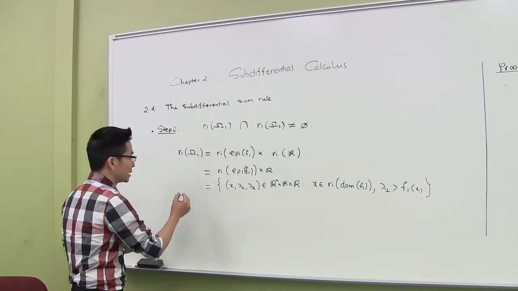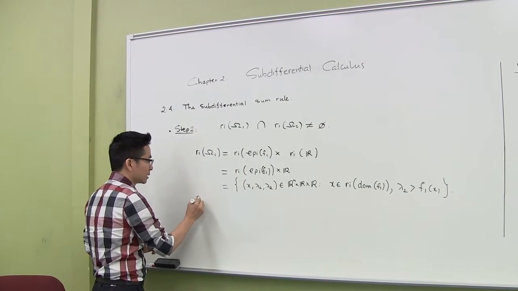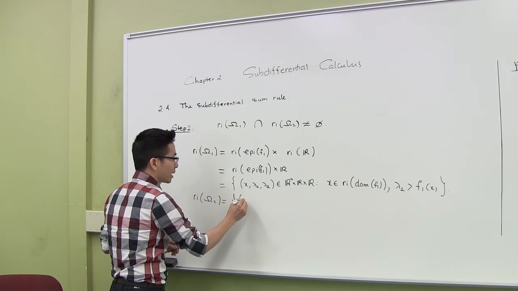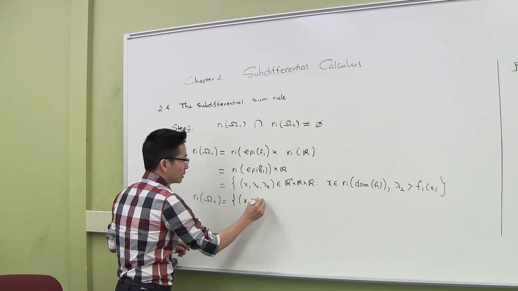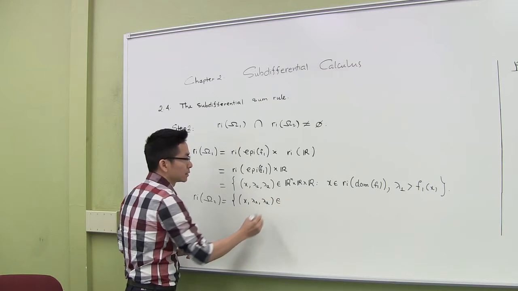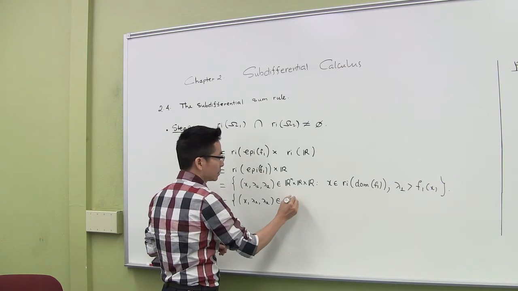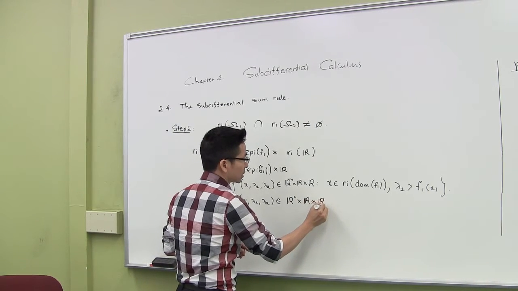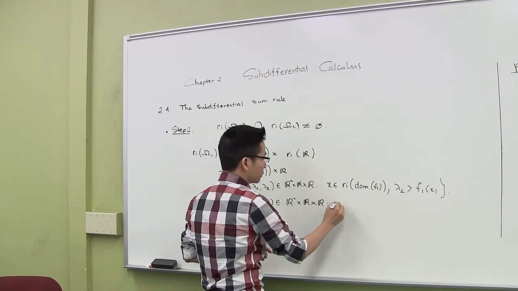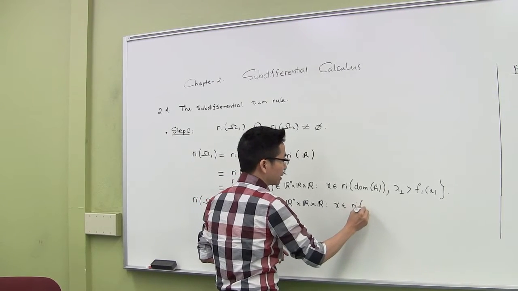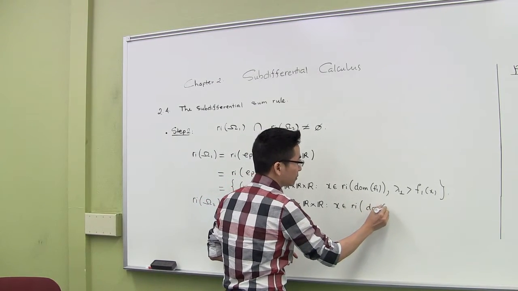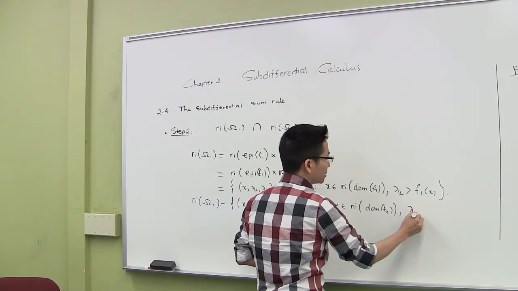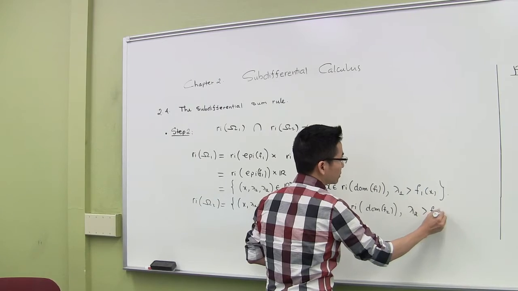Okay, and similarly, we see that the relative interior of omega 2 is the set of all x, lambda 1, lambda 2 in Rn times R such that x belongs to the relative interior of the domain of f2, and here lambda 2 is strictly greater than f2 of x.